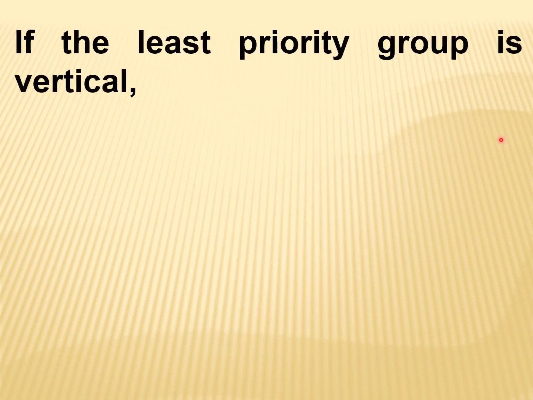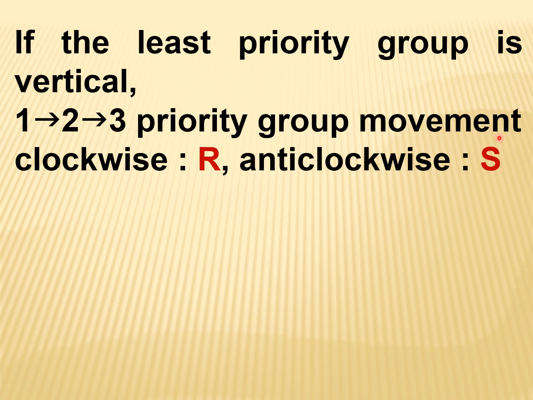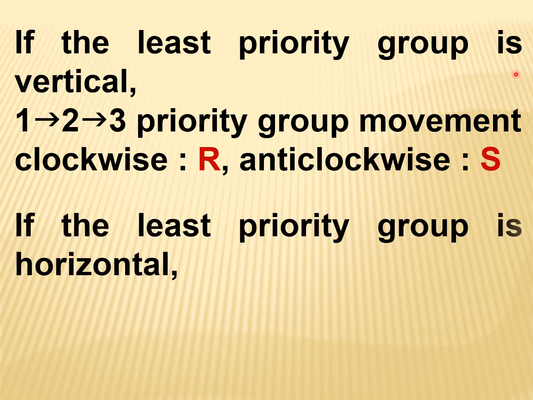Now if the least priority group is in the vertical line, then the movement clockwise will be R and anti-clockwise will be S. So suppose that the least priority group is in the vertical line, then if the movement from 1 to 3 is clockwise, the naming is R, and if it is anti-clockwise, the naming is S. But if the least priority group is in the horizontal line, then the opposite is followed.